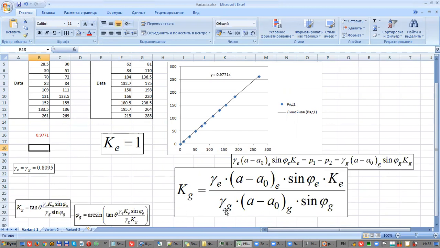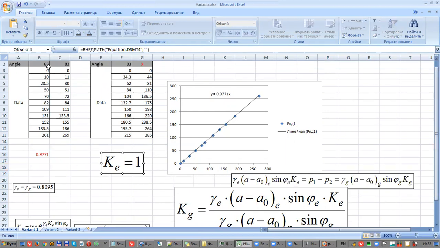Gamma A and gamma G are equal values, and these cancel each other. And I have these coefficients. I impose KE as 1, and I need to find these sines. If I know the angle 83 and 83, it's very easy. I put sin.